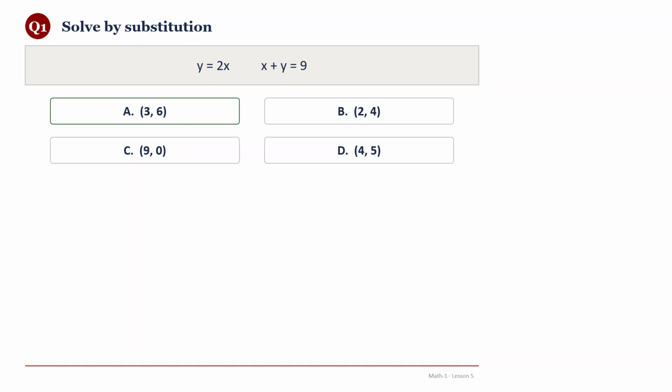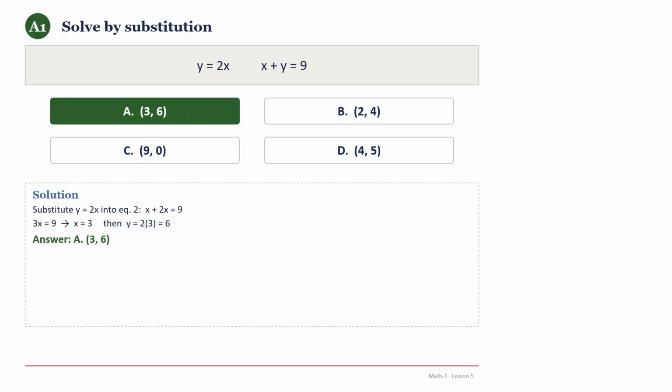Question 1. Solve by substitution. You have the system y equals 2x and x plus y equals 9. Take a moment to work through this before the answer. The answer is A, the point (3, 6).